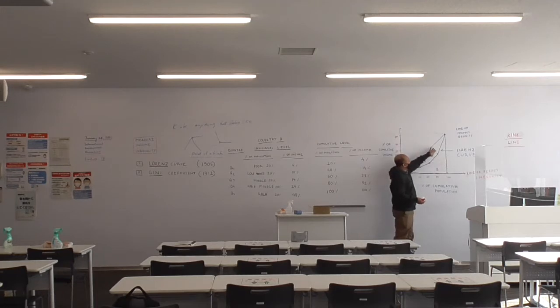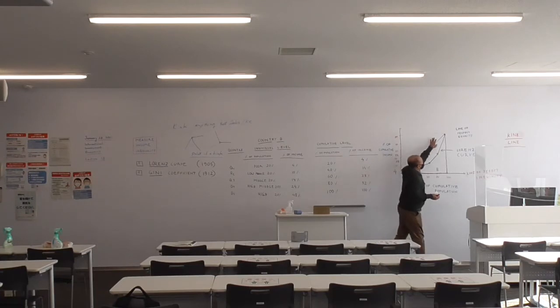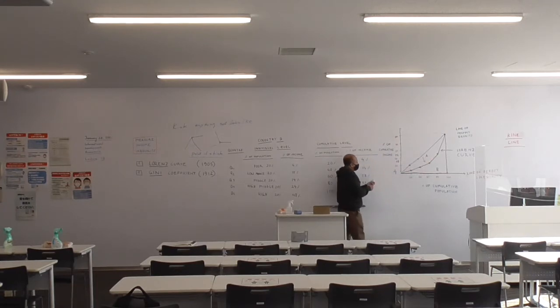This ratio is important. We can compare the ratios by just imagining: is this area 50% of the whole triangle? This is area A compared to the area A plus B. How much is the area A? So that's the ratio, right? So let's look at this figure.